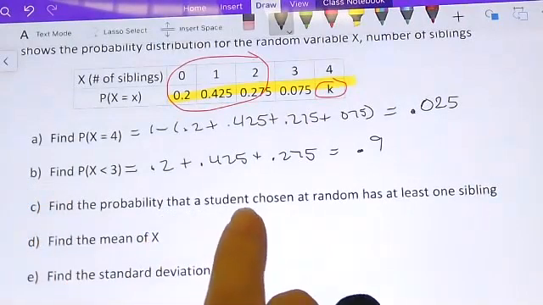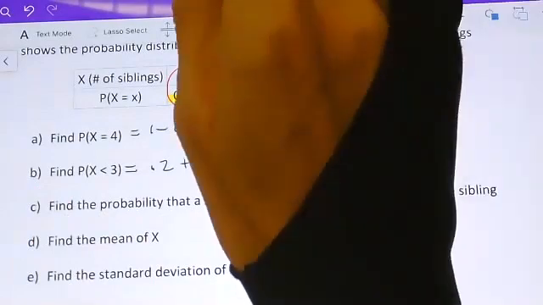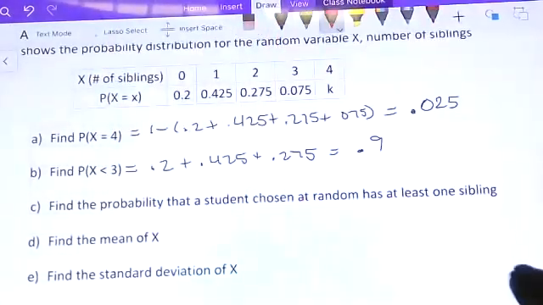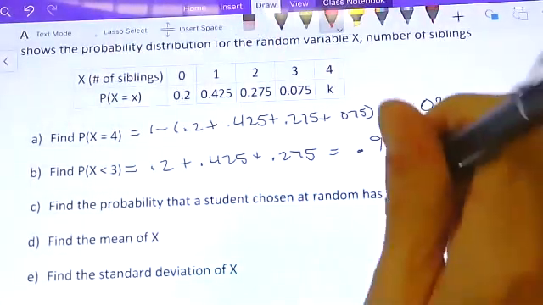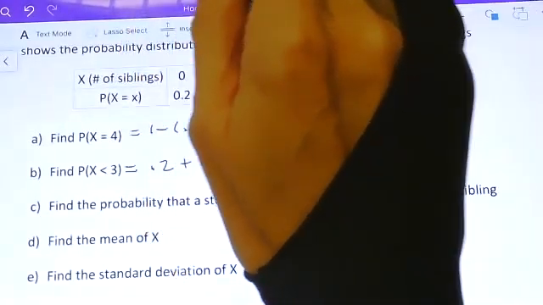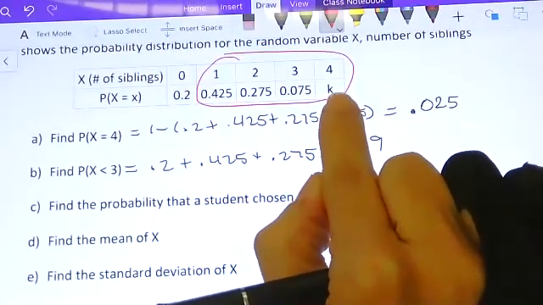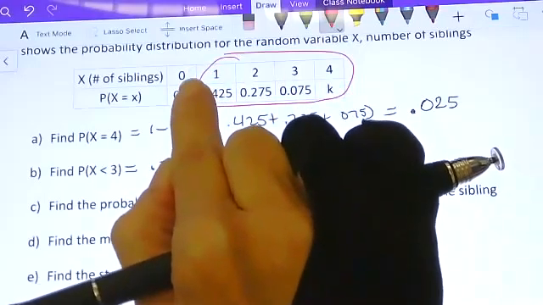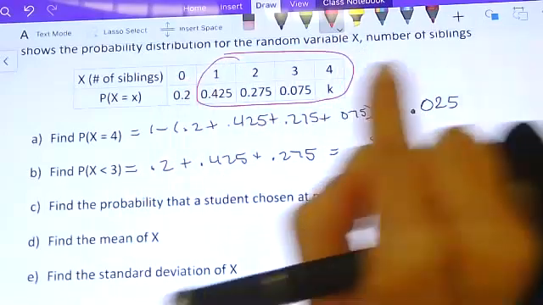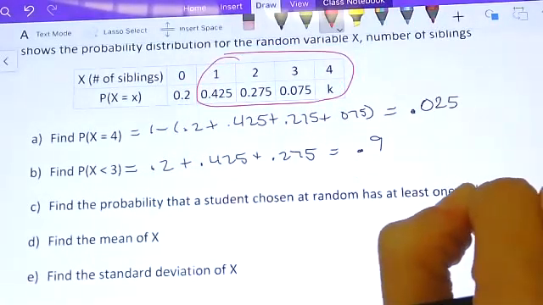Okay, C, find the probability that a student chosen at random has at least 1 sibling. Now, this one is not that bad to do from the table because the opposite of at least 1 is 0. But look, here's at least 1. These are all the people that have at least 1. So yeah, I could add those 4 numbers up. It's not that bad. But if this table was bigger than 0 through 4, and we were looking at 0 through 50 for a specific probability model, you would not want to add up all of those choices.